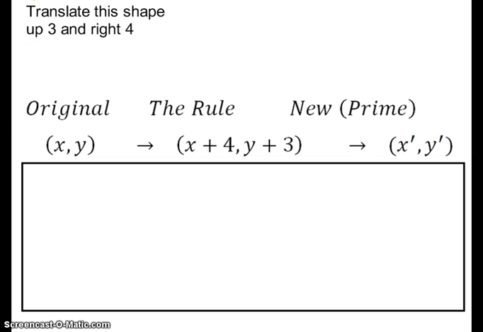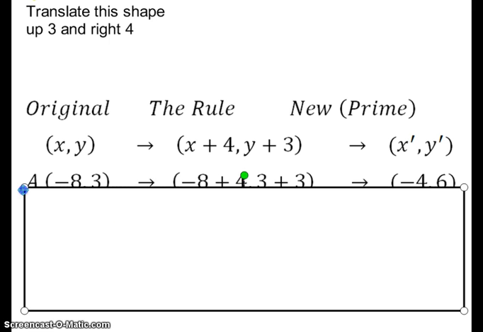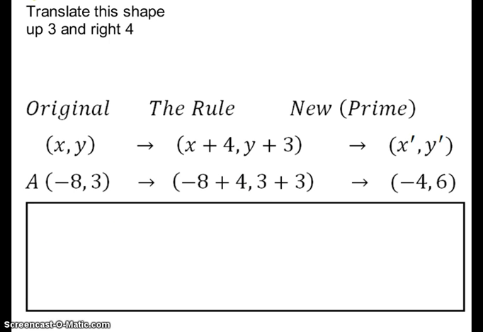My next step is to apply the rule, and I do so like this. There's point A. So I took negative 8, 3. I substituted the 8 in here. I substituted the 3 in here. I did my computation.